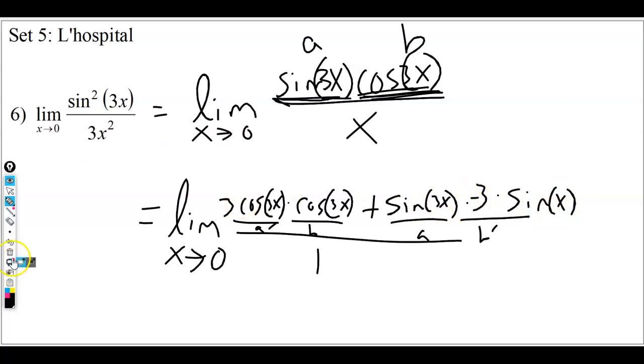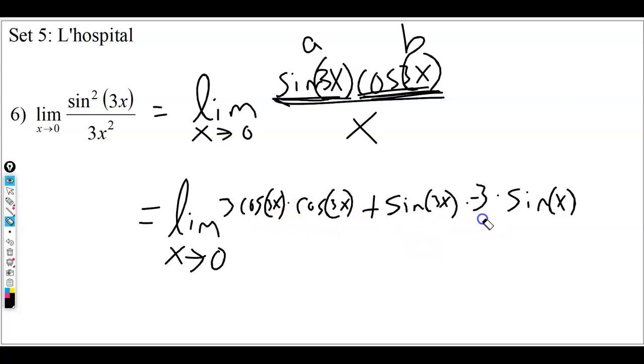Okay, so there's our derivative. Now we don't really need the 1 on the bottom. I'm going to erase the a and the b too, because they just don't need to be there. Erase my little bars. But all we did was the product rule, really. Now we're going to try plugging in 0 again. So plug in 0 here. 3 times 0 is 0, and cosine of 0 is 1.